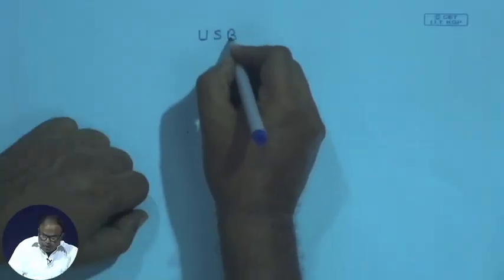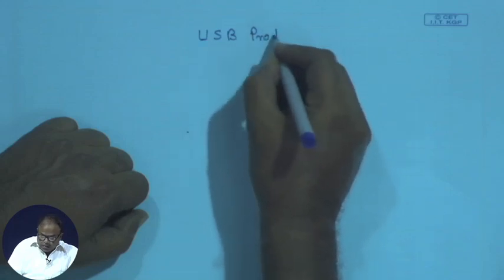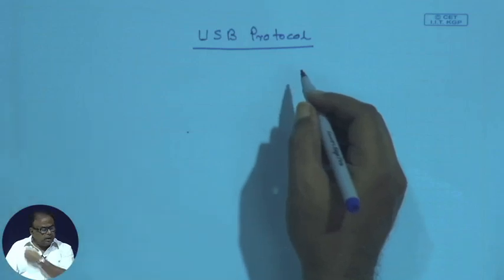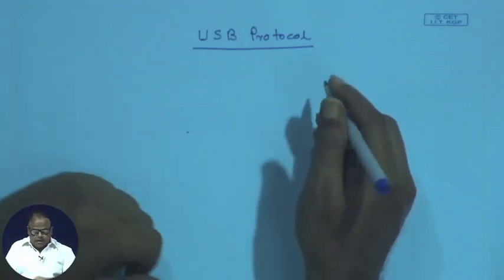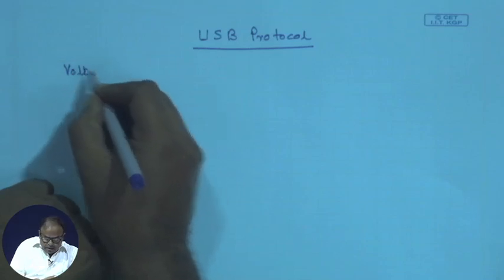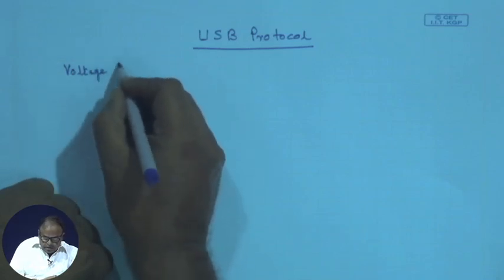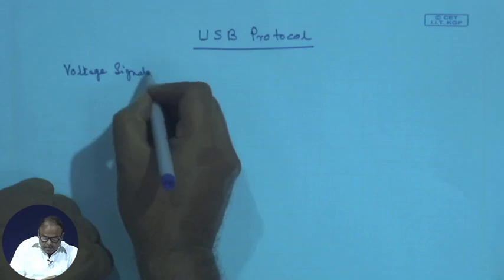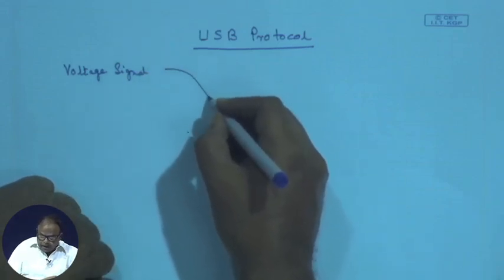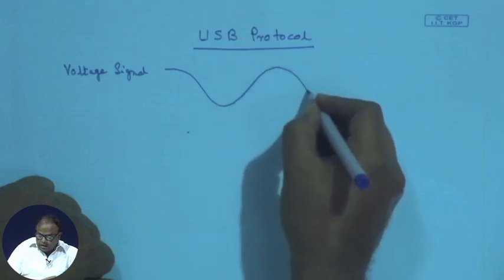Now, on the other hand we have got the USB protocol, which is rather complicated. I am not going into the details of that here, but one thing that must be mentioned is the voltage signal in a USB transmission is sent through a differential pair, like that.